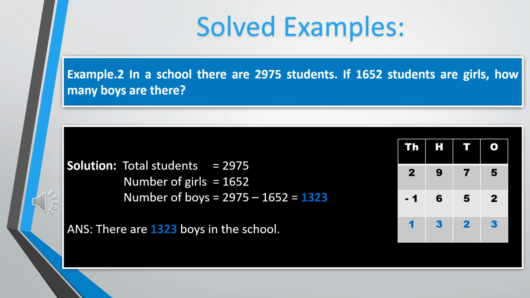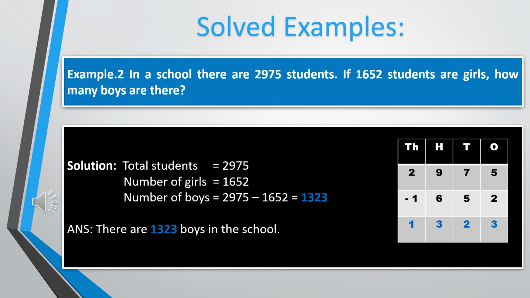So, number of boys is 2975 minus 1652. After that, we have to write the numbers in proper place value order, and we will write the bigger number at the top and the smaller number at the bottom. Then we will start subtracting the numbers from the ones place.